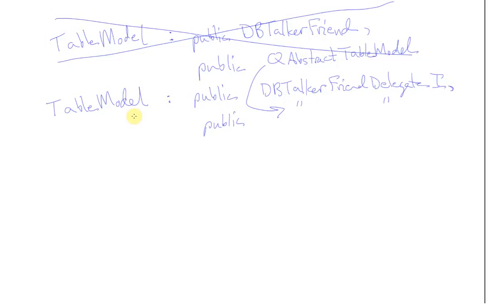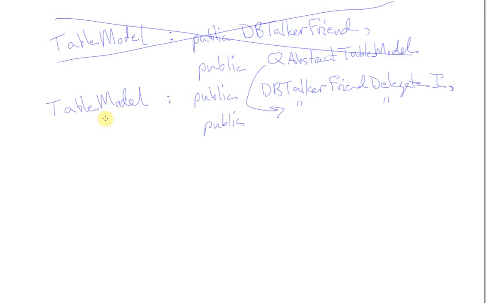Basically, the delegator class, which is table model, would accept a delegate class, which would be the DB Talker friend delegate, and would have a calling of the wrapper delegate function that would call the DB Talker friend delegate within it.